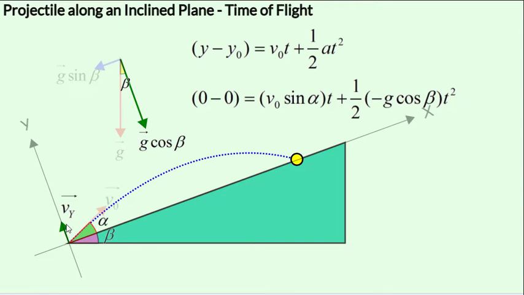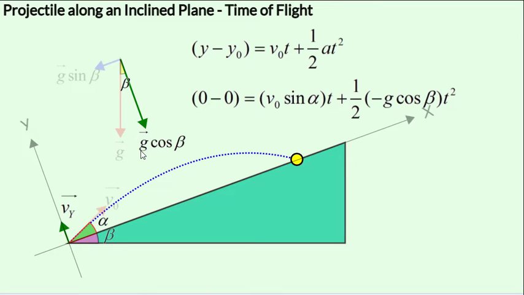The initial velocity v0y along the y-axis is now v0 times sine of alpha. The acceleration component along the y-axis is g cos of beta and its direction is opposite to the initial velocity. So it is in the negative y direction.